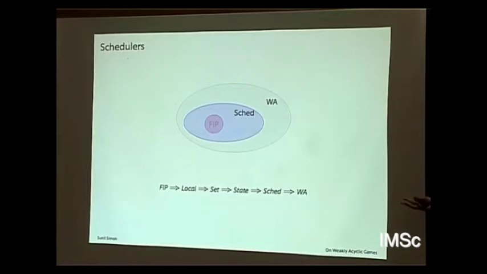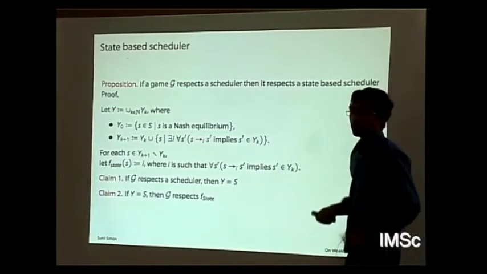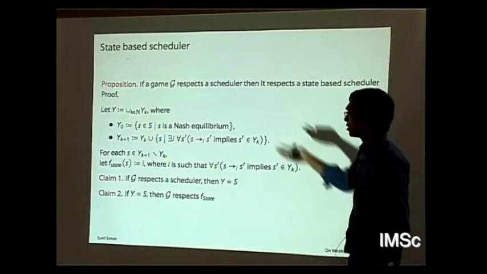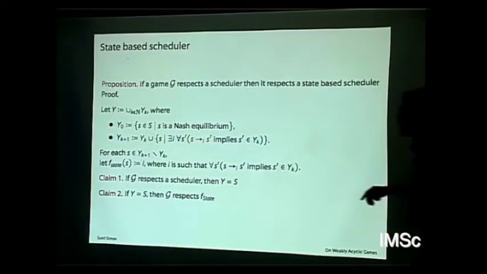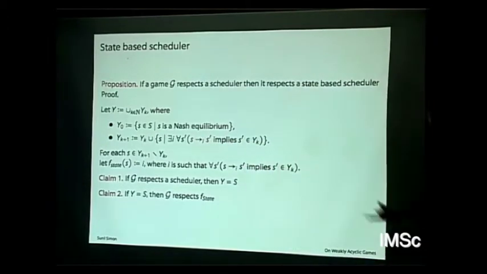Are these inclusions proper? That's one question. And the first result is what you just said. You don't need to look at history. You can just look at memoryless strategies. The proof is essentially the same as what you'd use to show that reachability games are memoryless determined. Instead of the reachability set, you just start with the set of all Nash equilibria, because that's the set that you want to reach, and then just do the fixed point computation.